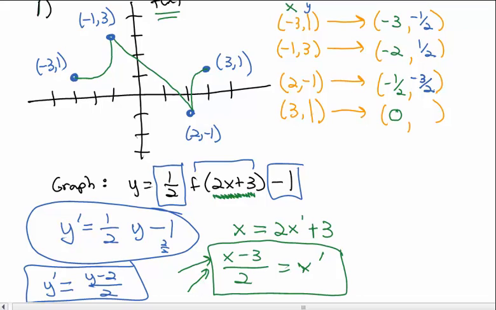And then plugging 1 in for the y, 1 minus 2 is negative 1 over 2. We now have the new points for our graph.